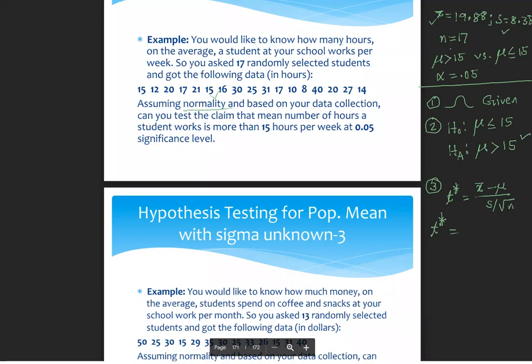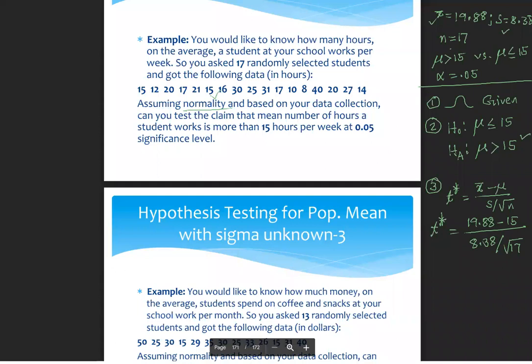All right. So X bar is 19.88, right? X bar is 19.88 minus mu, which is 15, all of it divided by S, which is 8.38, divided by the square root of the sample size, which is 17.